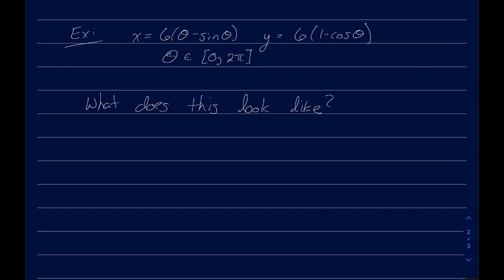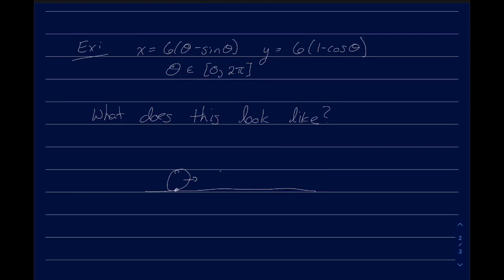Now, before we get into what's the area below the curve, what does this curve even look like? To describe it, we're going to start with a circle. We can think of this as a disc or a hula hoop on the ground.